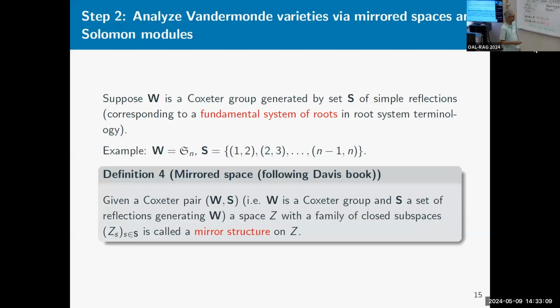And so given such a Coxeter pair, the group and the Coxeter generators, and some space Z, which would in fact be a van der Waals variety, and a family of closed subspaces, one corresponding to each Coxeter element. And these in our application would be the intersection of the van der Waals variety with the walls of the Weyl chamber. So this is called a mirror structure.